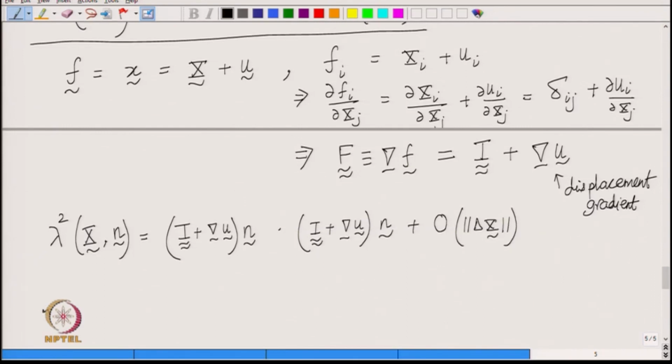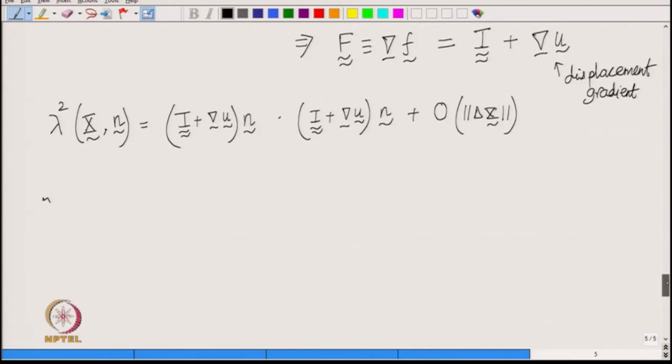Okay. So, we have basically the formula in terms of displacement now.